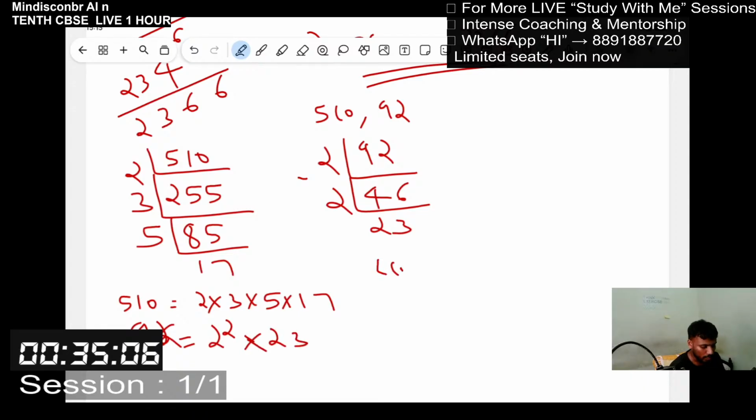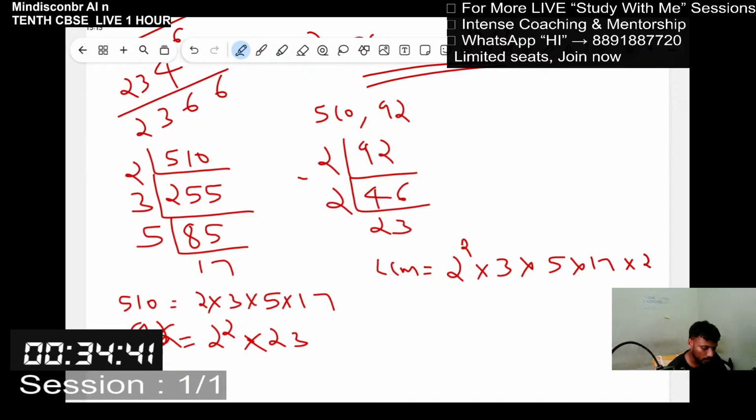So LCM, we have seen the definition that LCM is the greatest of all prime factors. Here in 2 and 2 square, the greatest is 2 square, therefore 2 square into the remaining 3 into 5 into 17 into 23.